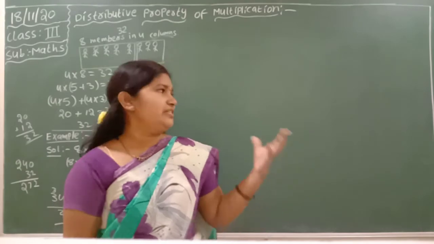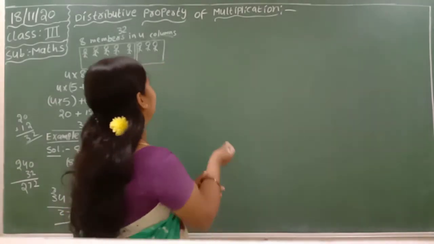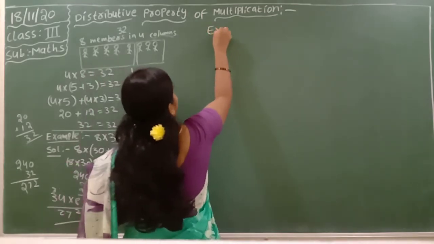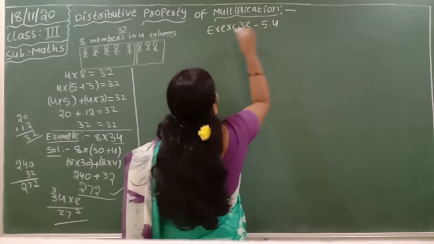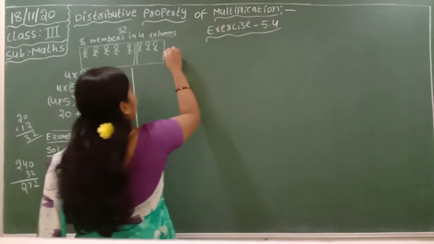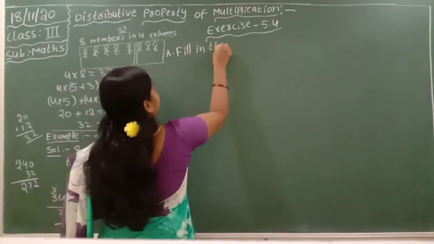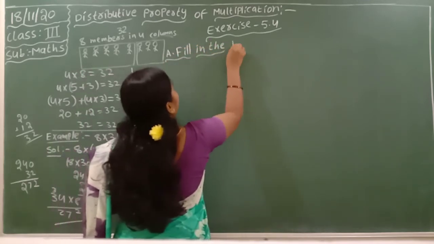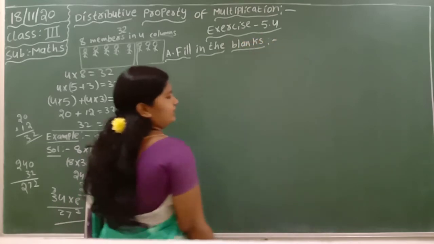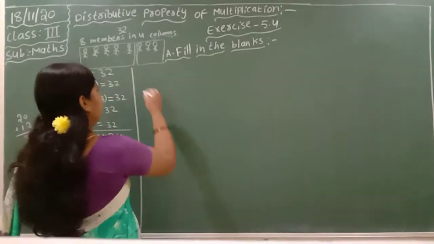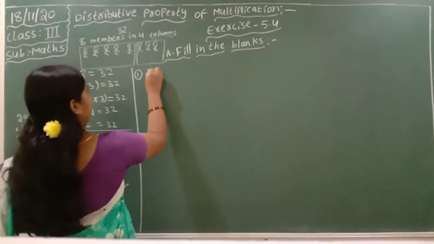Okay. Same like this, in your textbook page number 57, some more questions are there. That is exercise 5.4. Fill in the blanks. Okay. Here in this fill in the blanks, first question. 12 into 17.